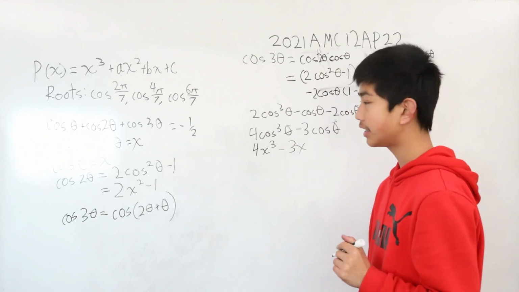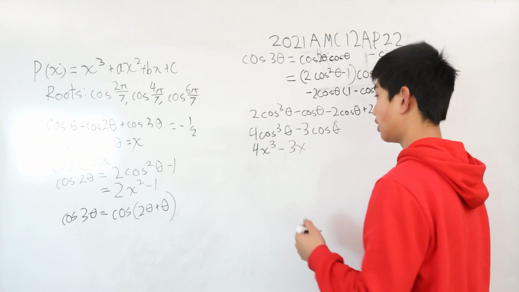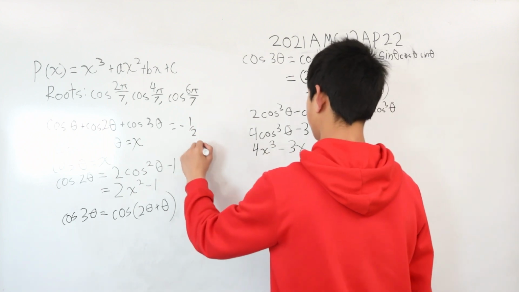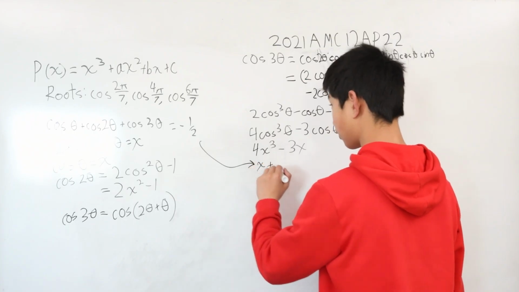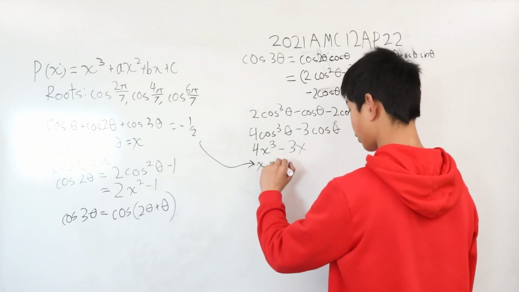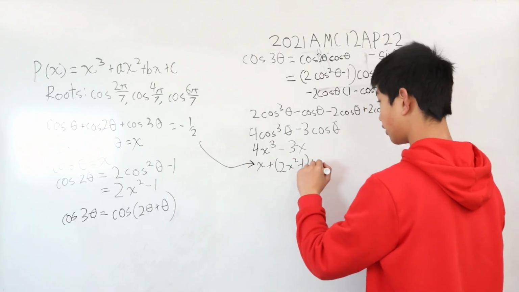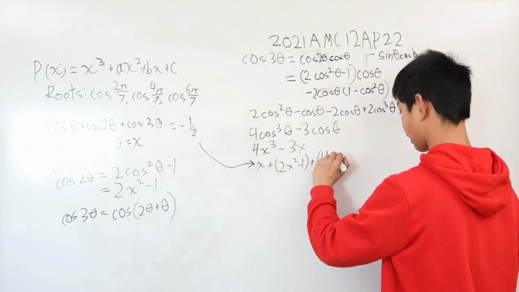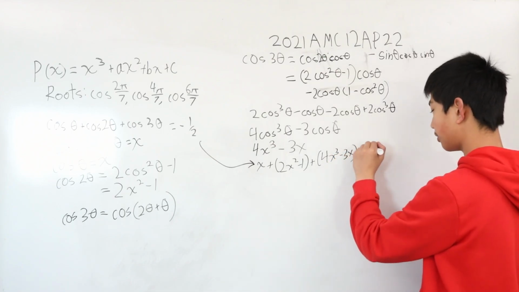Now that we have these values, we can plug them into the equation: cosine theta is x, cosine of 2 theta is 2x squared minus 1, and cosine 3 theta is 4x cubed minus 3x, and the sum is equal to negative 1/2.